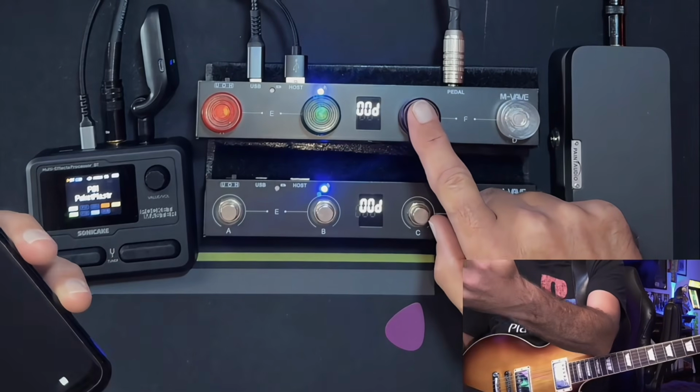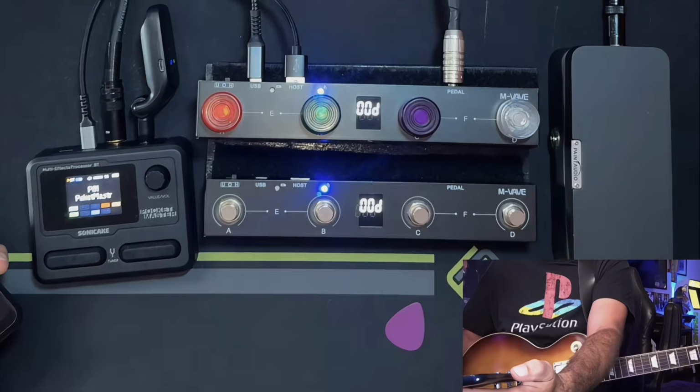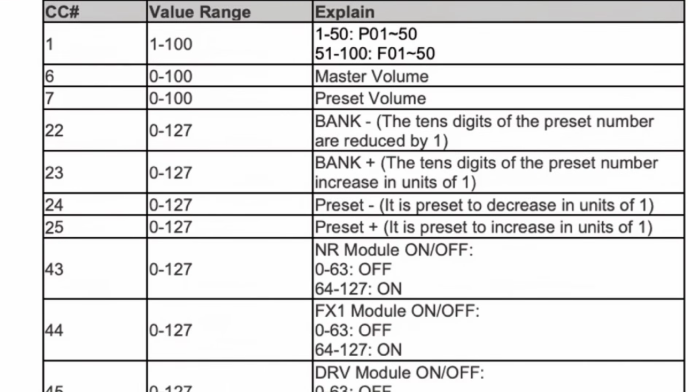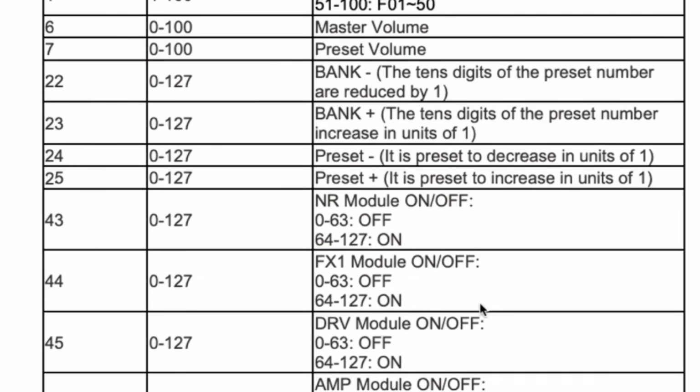So let's go ahead and pull up the MIDI list. On the right side of this, we can see the explain column, or what we're trying to do to the Pocket Master. The first CC would be if you're trying to tell it to go to a particular patch. That would be how you enter this CC number there. You would use 1 through 50 or 51 through 100, depending on which group of patches you want to use.